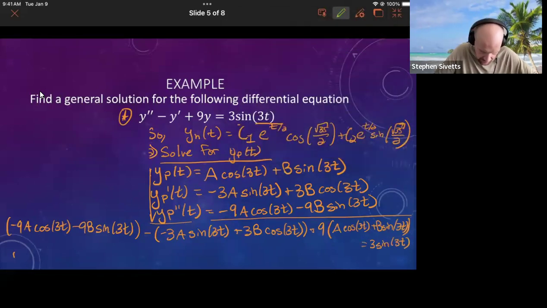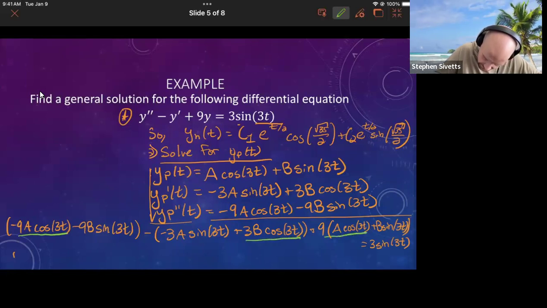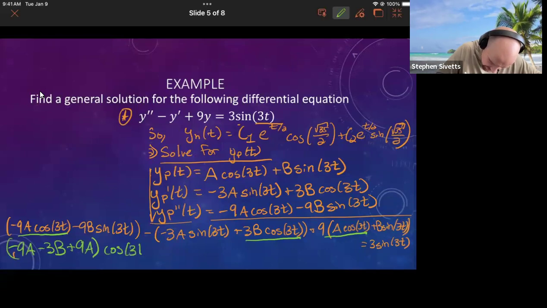Okay, so first of all, let's gather the cosine terms. We have a cosine here, a cosine here, and a cosine here, multiplied by 9. So we have a minus 9a, and then a minus 3b, and a plus 9a, cosine 3t.